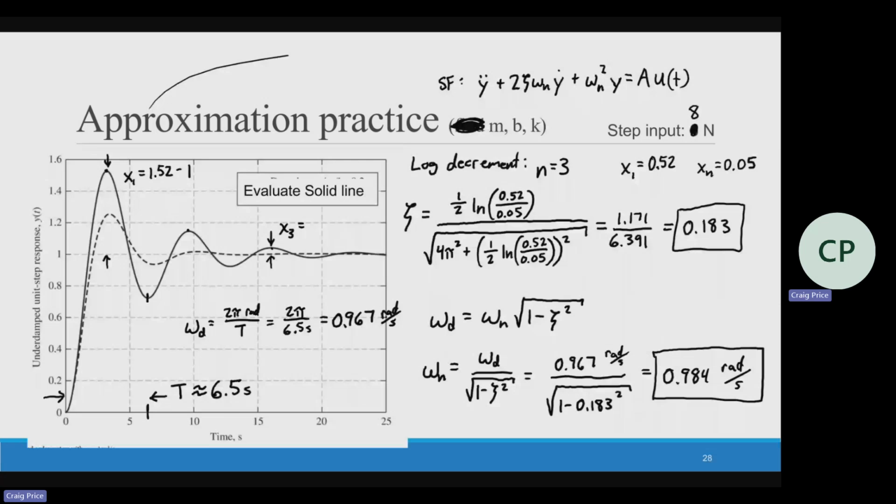So why I subtracted 1 is that for the log decrement formula, the peak needs to be with respect to the steady state value, where we end up. And so x1 is not the 1.52. It's going to be 1.52 minus the endpoint, which is 0.52. So we're looking at the difference from peak to steady state. And that's what's listed on the equation sheet as well.